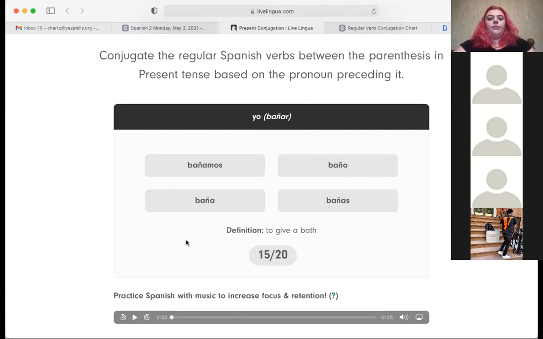What's going to be the correct one based on the yo form for AR verbs? Is our ending going to be amos, a, o, or as? What's it going to be? Anybody want to take a guess?